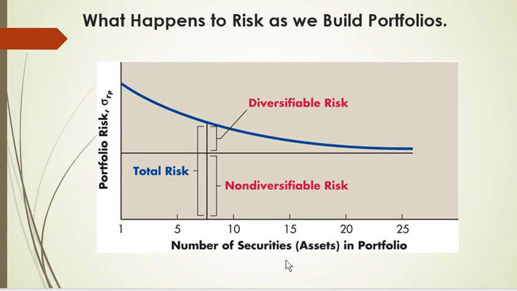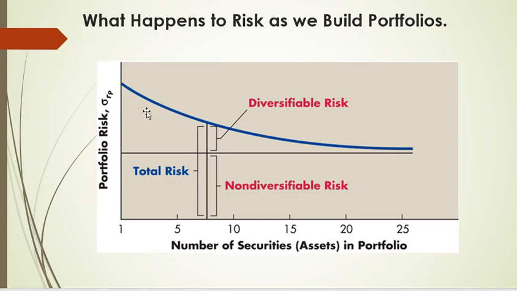So in this graph, there was some research done, and they basically created portfolios and looked at the risk of assets. And they did this on the New York Stock Exchange. They found the average risk of a stock in the New York Stock Exchange, and that number was up here at around 45%. Then they created portfolios.